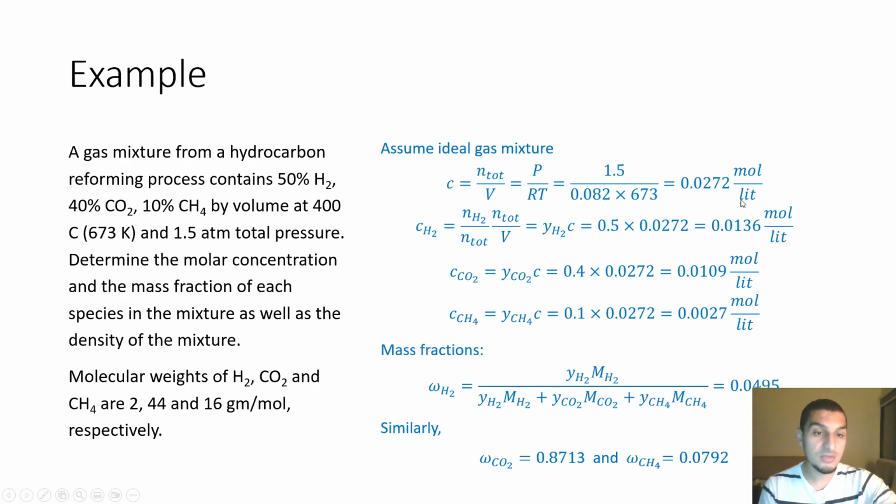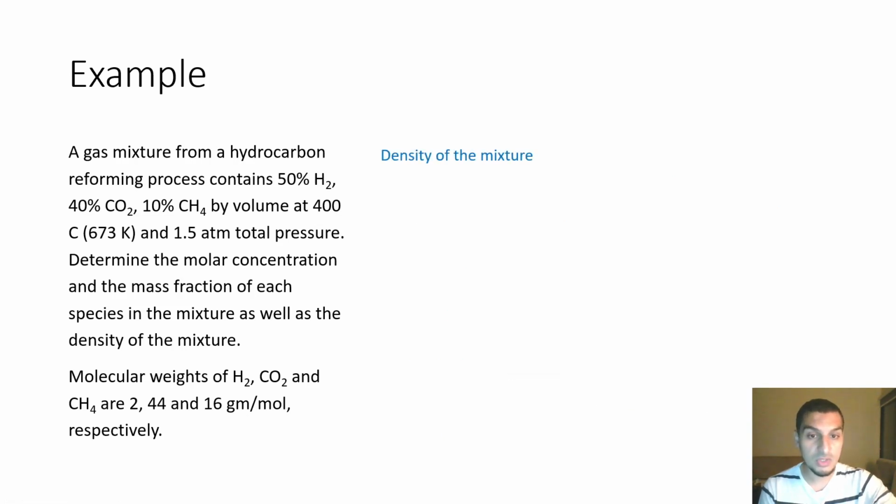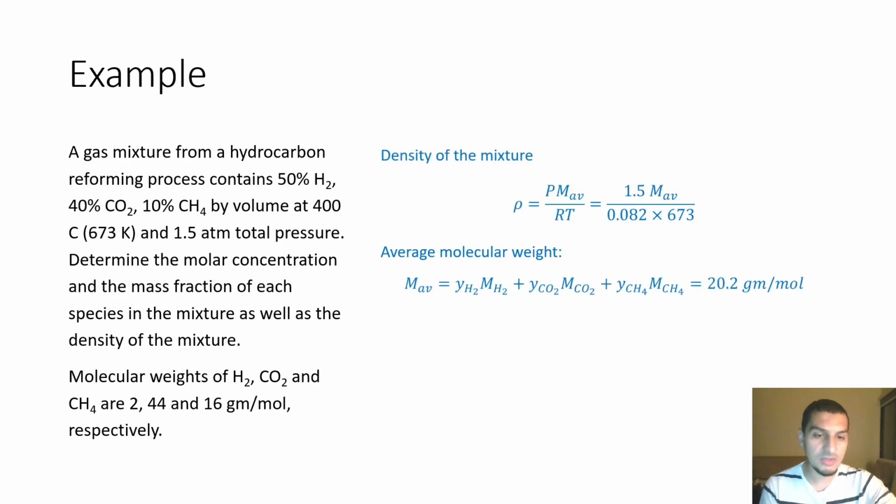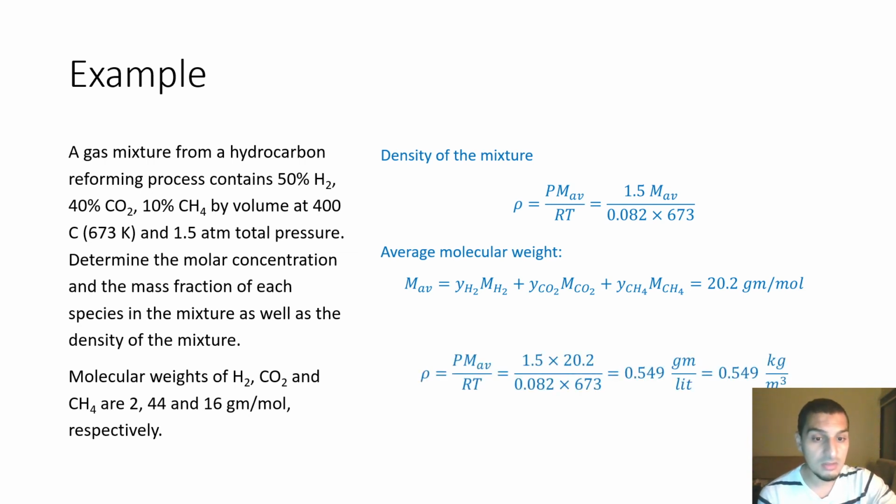If we divide this by the average molecular weight, so we have to calculate the average molecular weight anyway, since you have already calculated it from the ideal gas law, it must give the same value as this. So this is the last requirement in this problem.